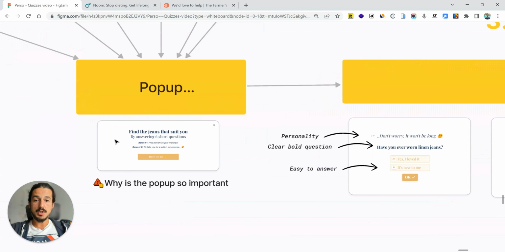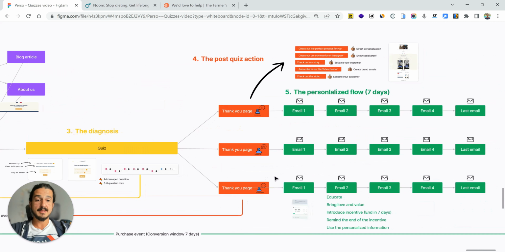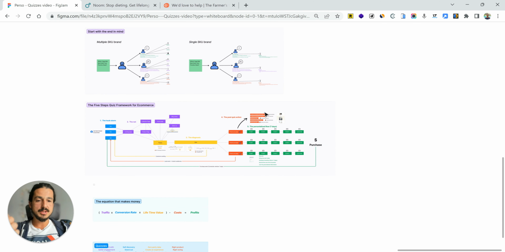So when you explain to the customer that they will get any kind of gift, any incentive by doing your quiz, this gift or whatever should also have a deadline and not be available after 7 days, because it will push the customer to take an action and make a purchase before the end of the 7 days, and then this purchase is going to be recorded within Facebook ads.